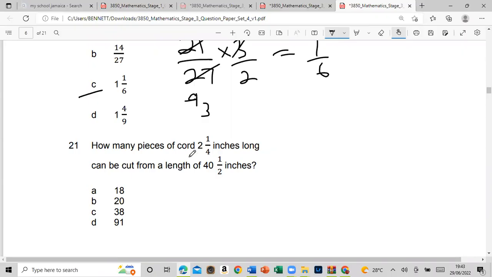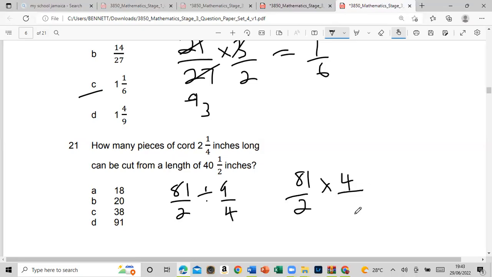So 40, so that's 81 over 2. Divided by 2, 4 is 8 and that 9 over 4. Alright, so it should be 81 over 4 over 9. Should this be again? 9 into that 1, 9 into that 9. 2 times 9 is 18. As I said, try to speed up the thing a bit.